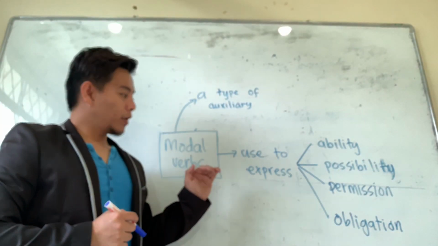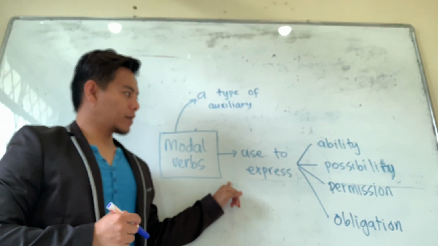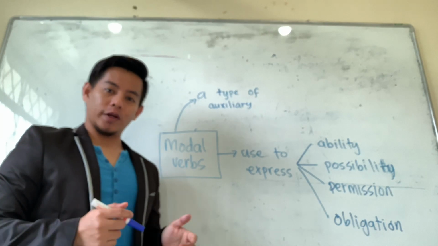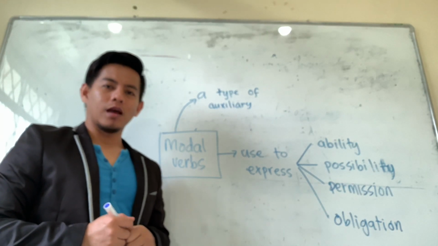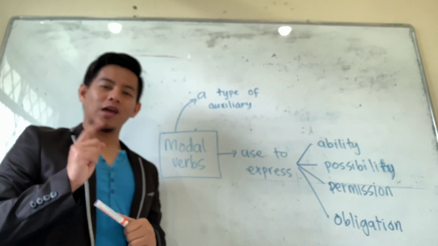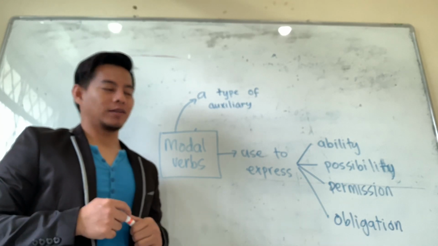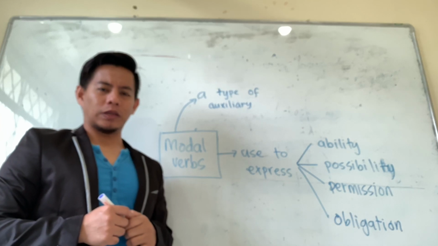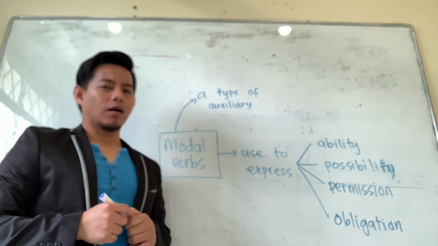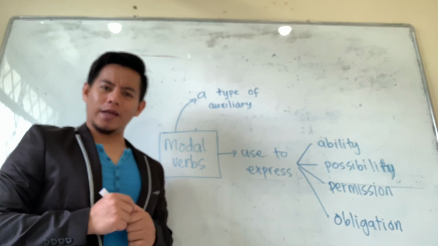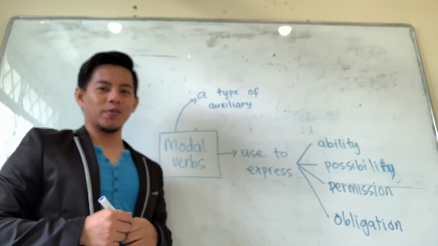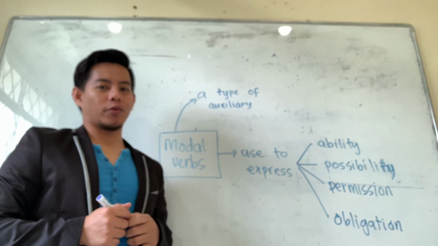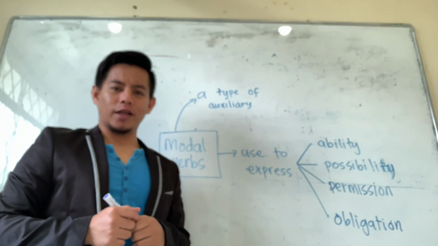A modal verb is used to express ability. For example, can. I can climb a tree. Possibility. For example, could. You could be right. So there's a possibility. Permission.